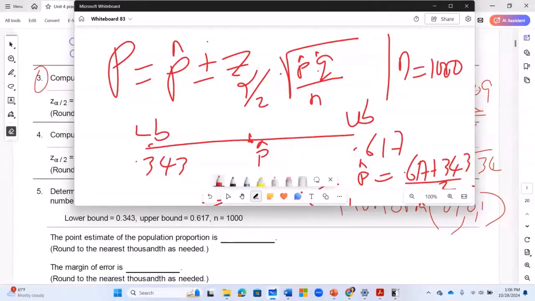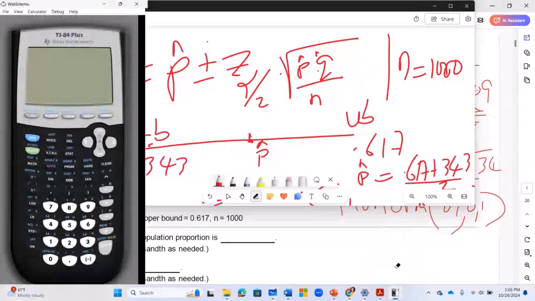So what is the point estimate? I get my calculator and add the upper bound and lower bound, divided by 2. The upper bound is 0.617 plus 0.343.